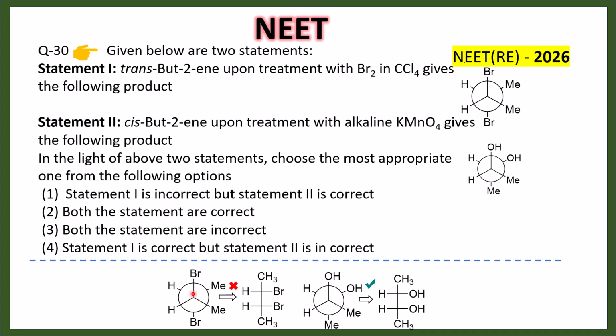This is the trans one. So this statement is not true, meaning this product is not formed. And in the case of this one, this is the cis product, because with alkaline KMnO4 cis hydroxylation happens, so this is true. So in this case, option 1 is the correct option.